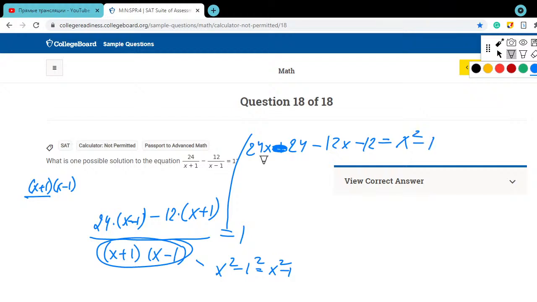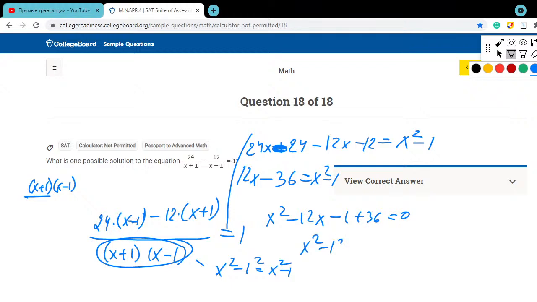What we get here is 12x minus 36 equals x squared minus 1. So x squared minus 12x minus 1 plus 36 equals 0. x squared minus 12x plus 35 equals 0. So what is 35? We can write it as 5 multiplied by 7, and 5 plus 7 is 12 exactly.